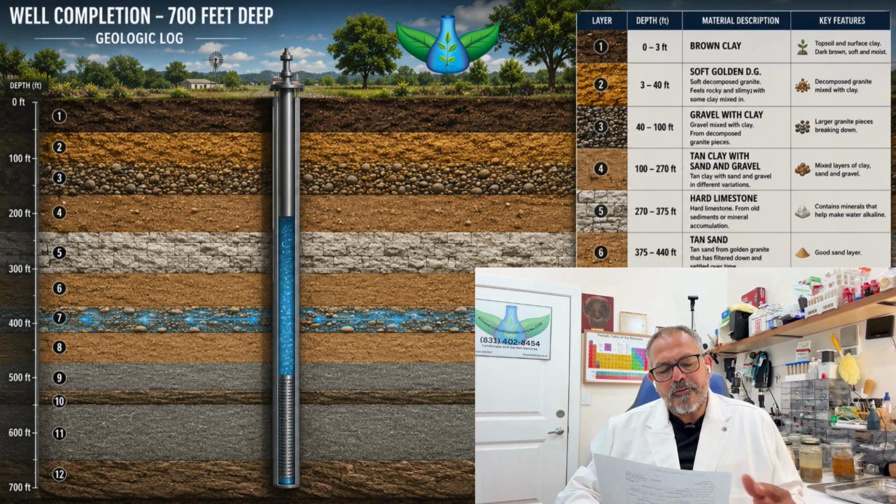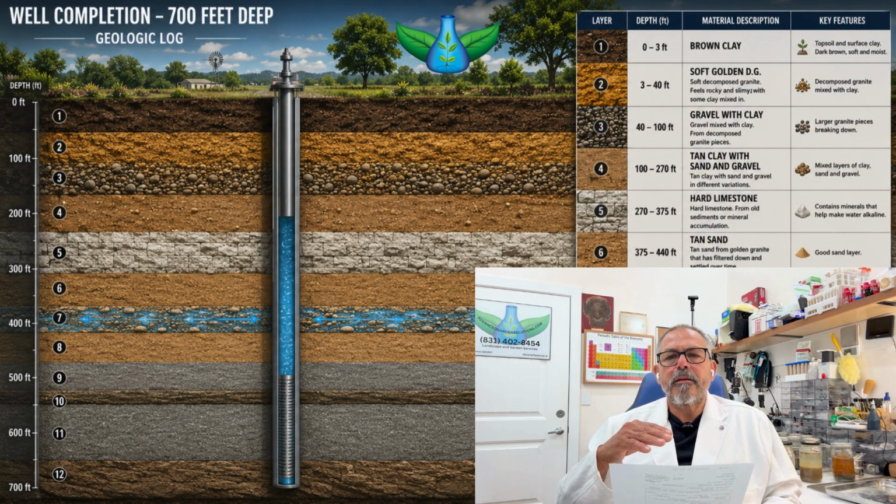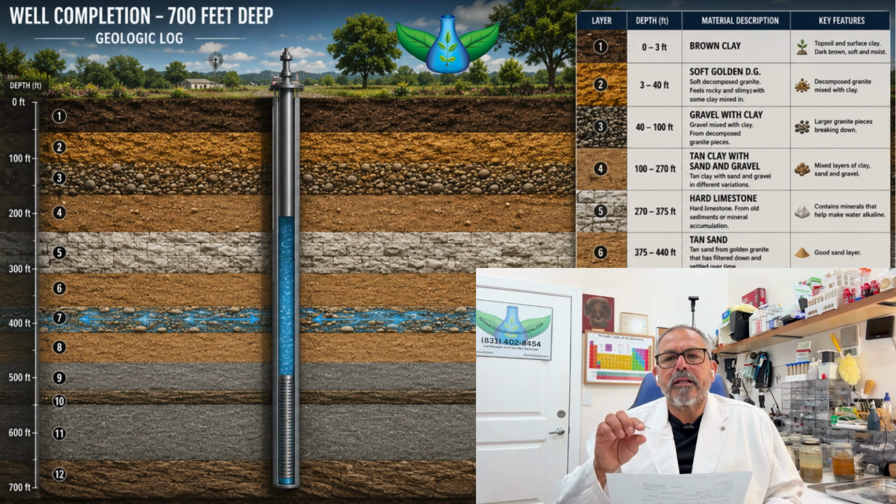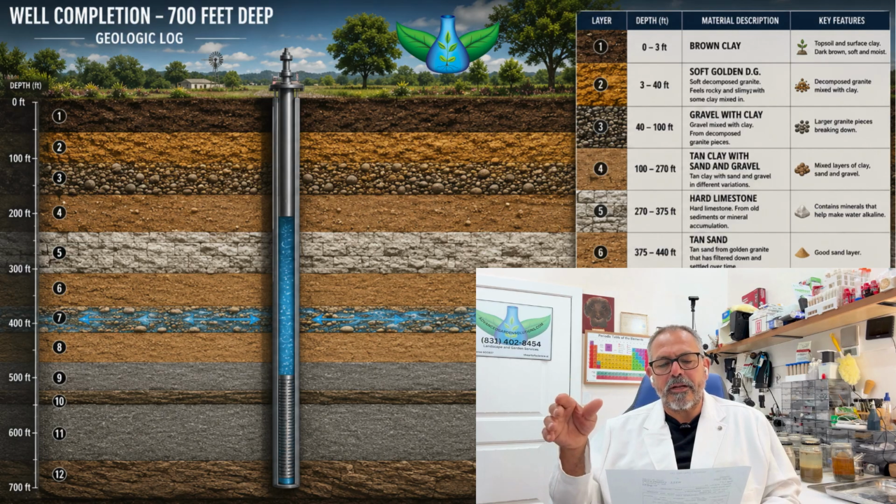Below that, from 3 to 40 feet, we have golden decomposed granite, or golden DG. This is a softer material that forms from golden granite before it fully turns into clay. Golden granite, through acidity, time, and decomposition, gradually turns into decomposed granite and eventually into clay.